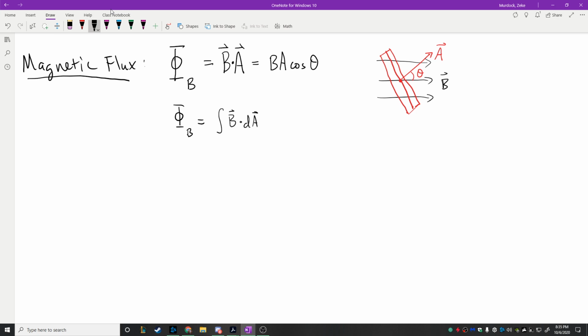One other thing we can state about magnetic flux is that if we do the magnetic flux over a closed surface, so these are both surface integrals, the answer you're going to get is always equal to 0. This is what's called Gauss's law for magnetism.